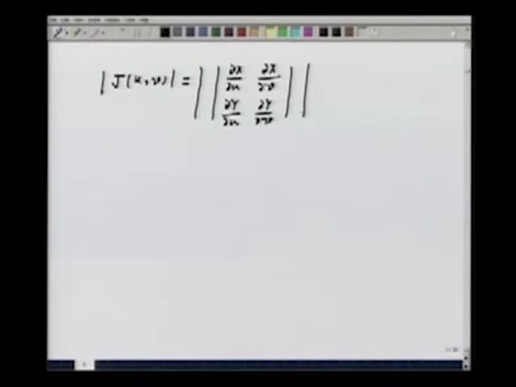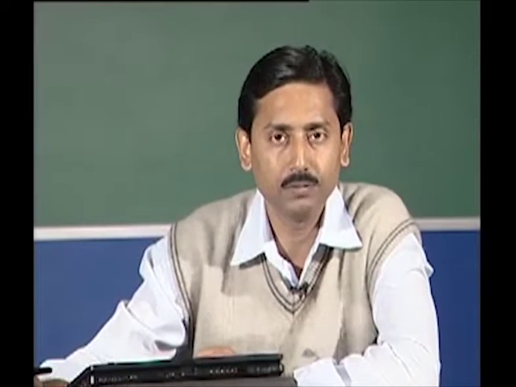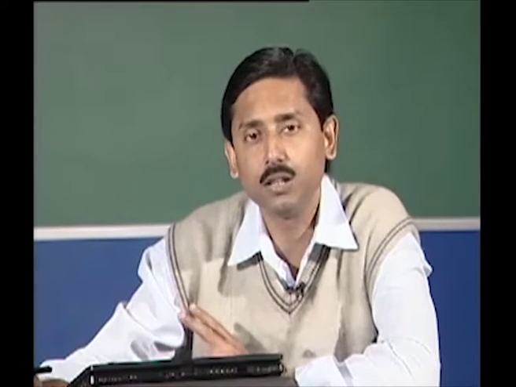That is, look at the function capital X. It is a function of two variables u and v. I look at its partial derivatives. So there are two partial derivatives, one with respect to u, one with respect to v.